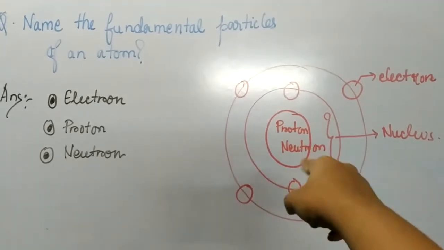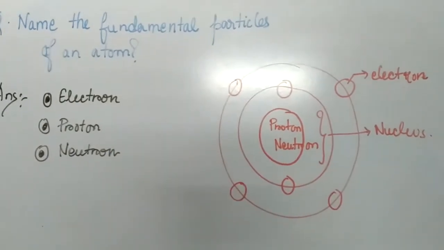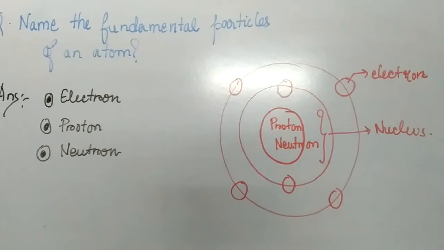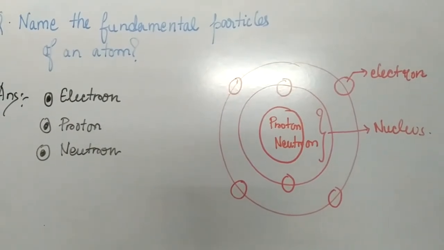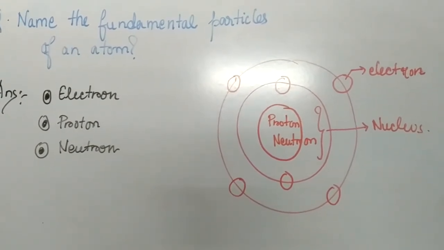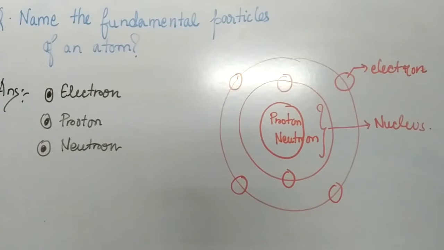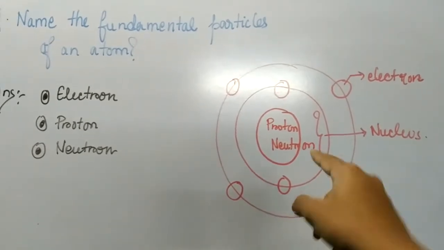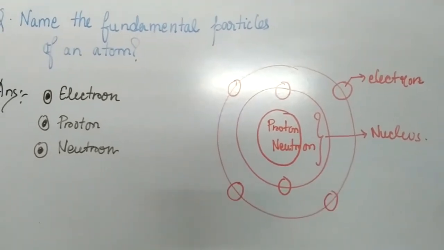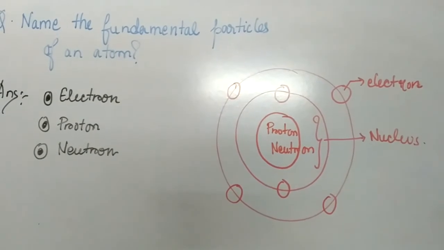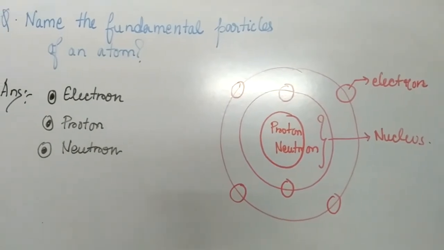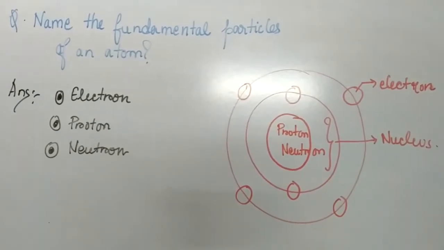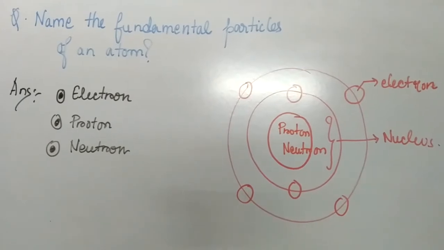Next, in the center we have proton, which is having unit mass 1 along with a positive charge, and neutron, which also lies in the center along with proton. It doesn't have any charge of its own, but it is having a mass of unit 1.